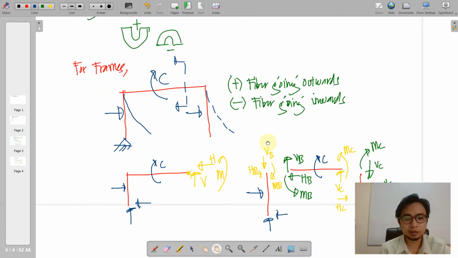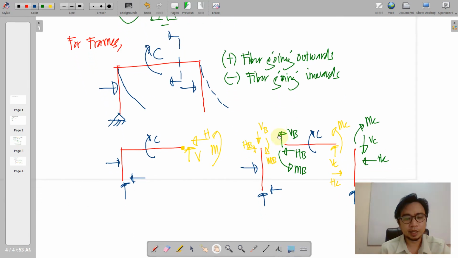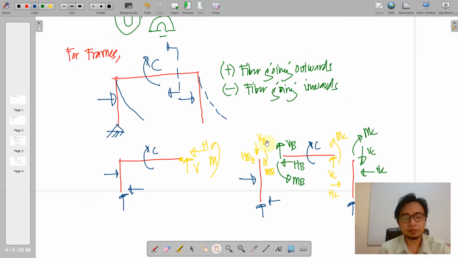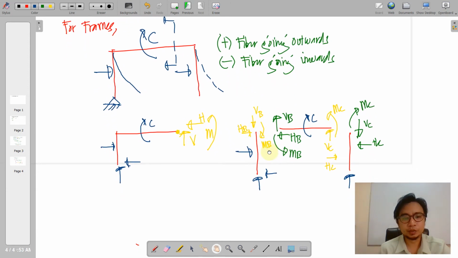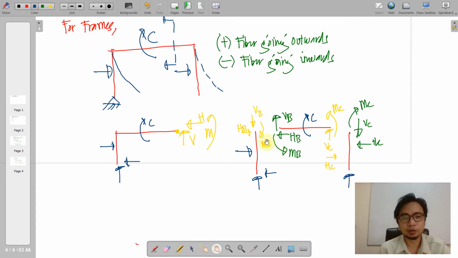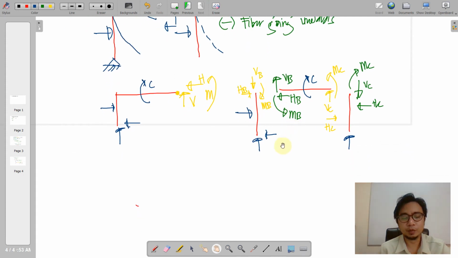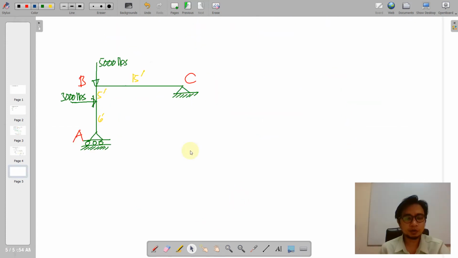So this is just adding the rule of the sign convention, the outward and the inward, and then of course section per section of the members here, the vertical and the horizontal members, and then we will adopt a similar procedure.